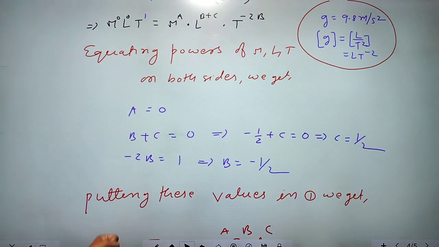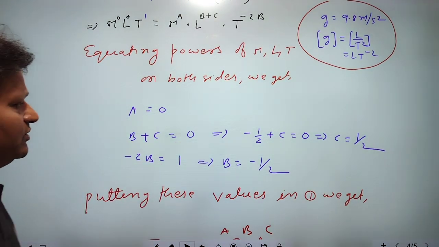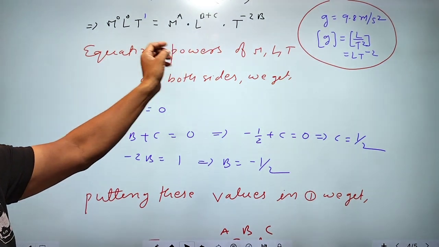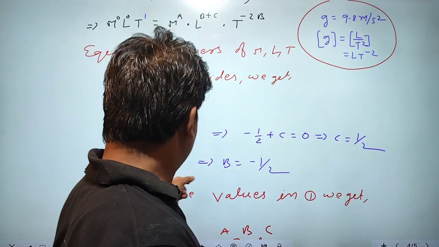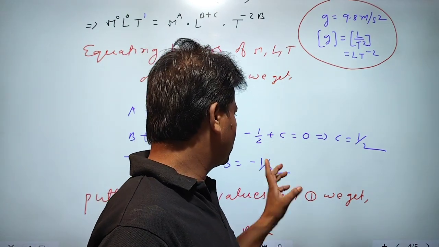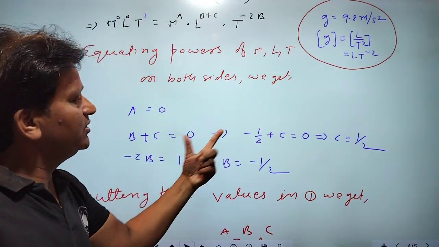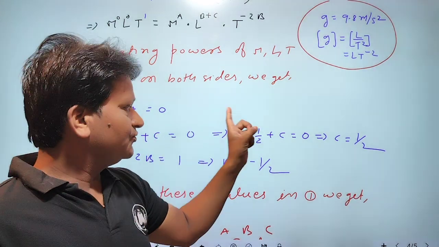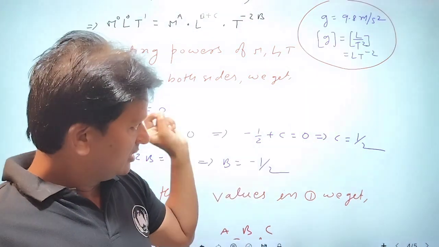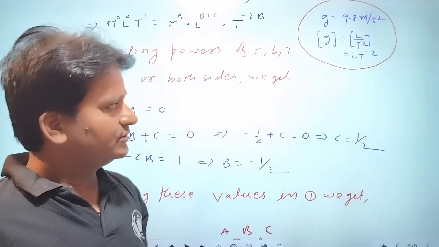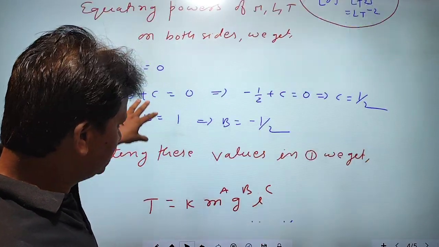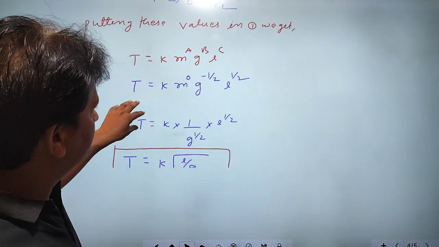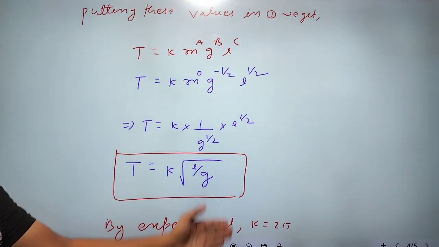A should be equal to 0, B plus C should be equal to 0 and minus 2B is equal to 1. From this equation, B will be equal to minus half. Now putting this value in this equation, we get the value of C. Now putting these values in equation 1, we get our result.